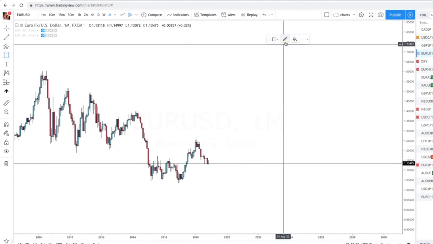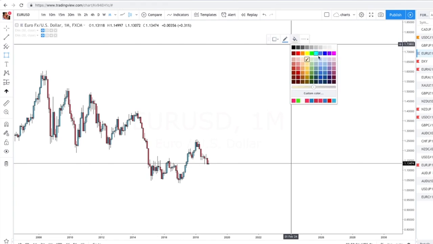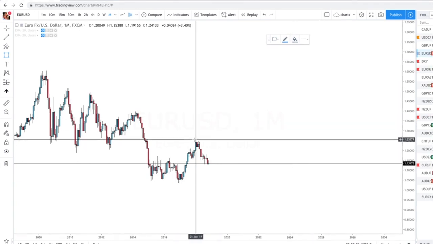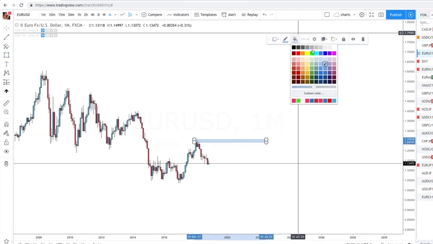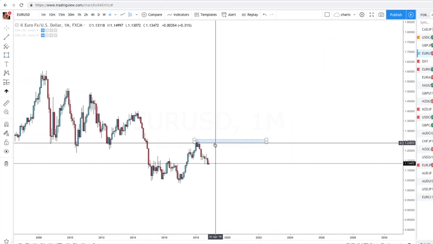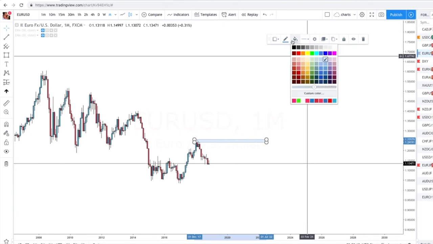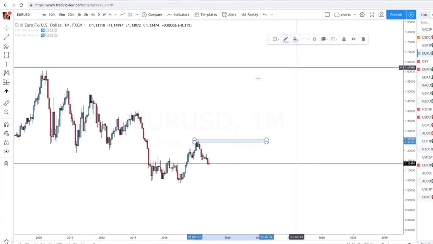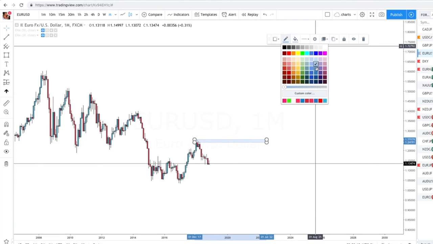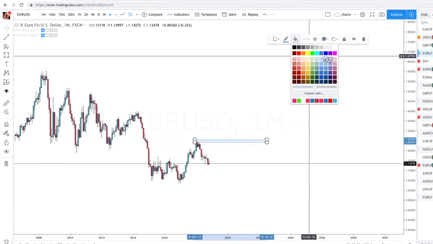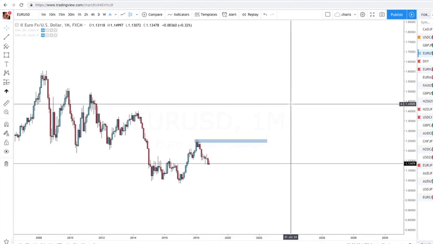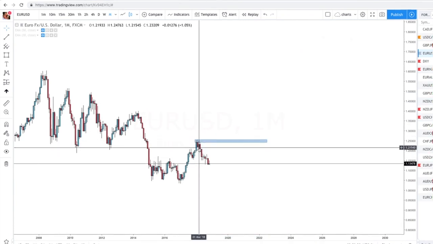So we have a nice resistance. What is happening today? There we go. Okay, so we have a nice resistance zone right here.